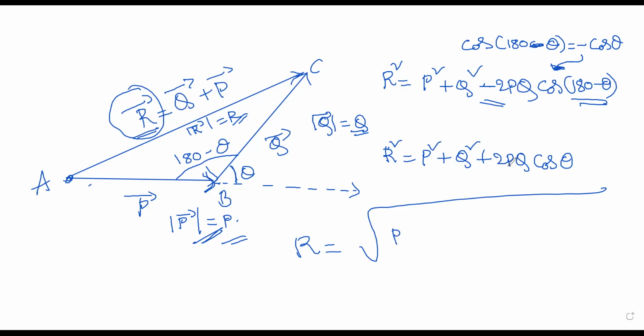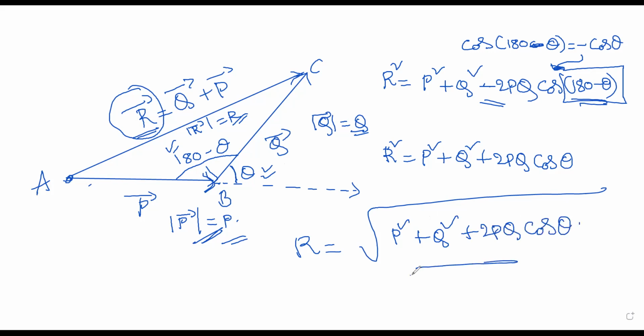The reason is that the angle we consider is 180 minus theta, which forms a linear pair with the angle theta. That's the reason you get P square plus Q square plus 2PQ cos theta. That's what I want you to learn.